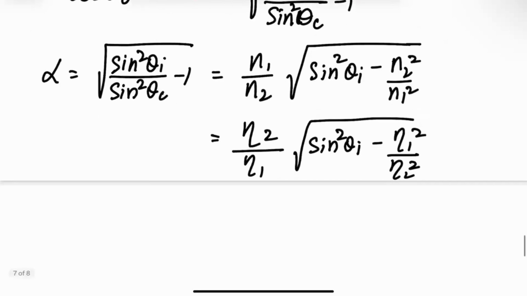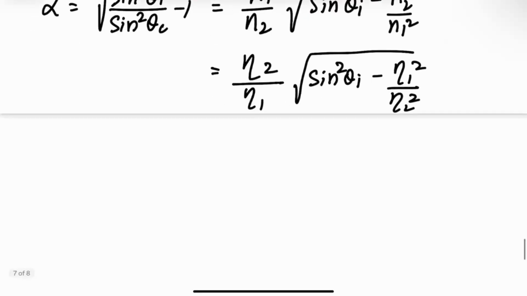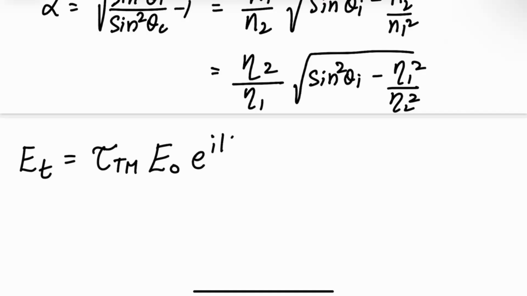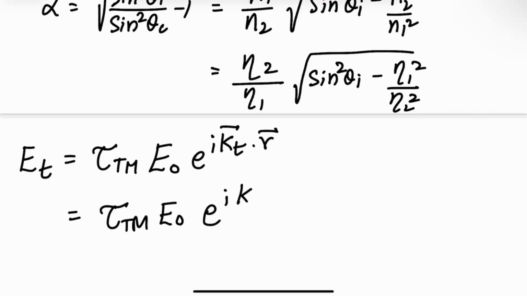All right. So now that I know what alpha is and I know that cosine theta t is imaginary, if I go back and look at my electric field, which was gamma TE, or in this case we're doing TM, let's say TM, E naught e to the i kt dot r, that was gamma TM E naught e to the i kt, x sine theta t plus z cosine theta t.